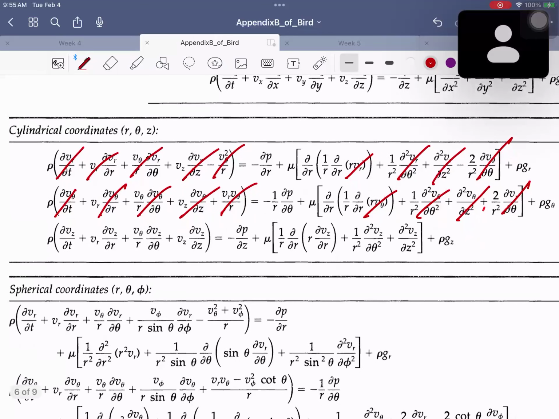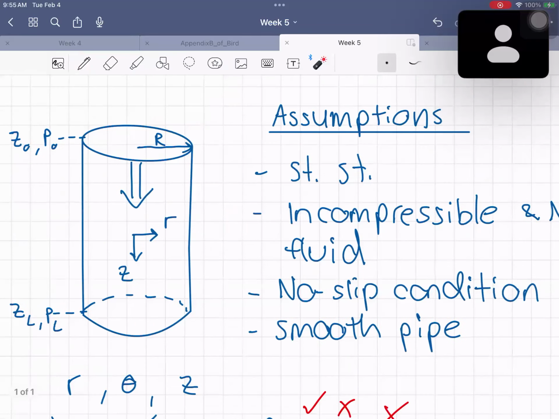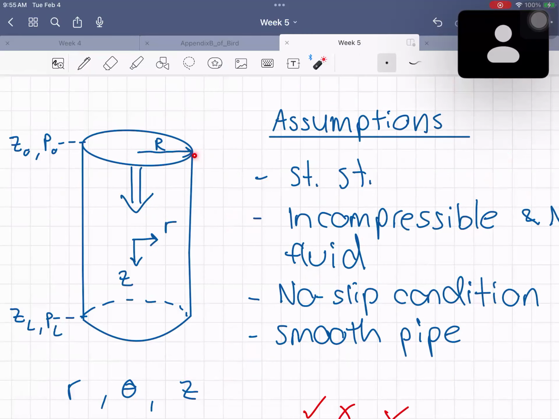Let's go back to the r direction. On the left-hand side they're all zero. On the right-hand side, dP/dr: does pressure change in the r direction? If you're not sure, just leave it.